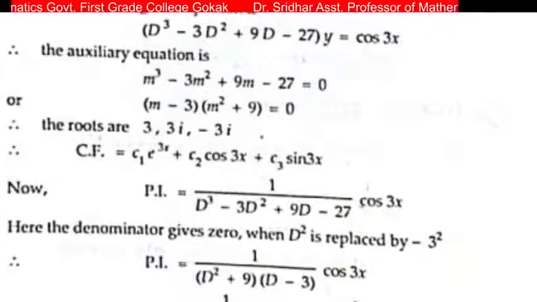Now operate this D + 3 on cos 3x, which gives 3 into the differentiation of cos 3x, which is −sin 3x, plus 3 cos 3x. Simplifying again, take 3 common, then divided by −1/6 into 1 divided by D² + 9 into (cos 3x − sin 3x).